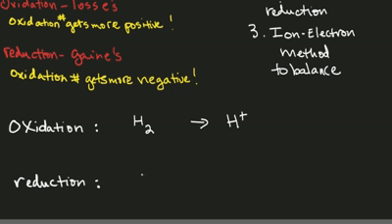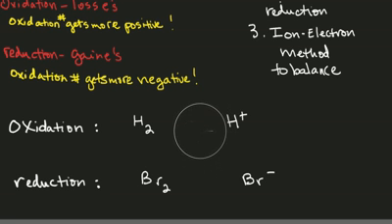And that was the Br2 to Br minus. Okay. So if you remember, your electrons eventually should end up on the right side if you're doing oxidation, and the left side if you're doing reduction.